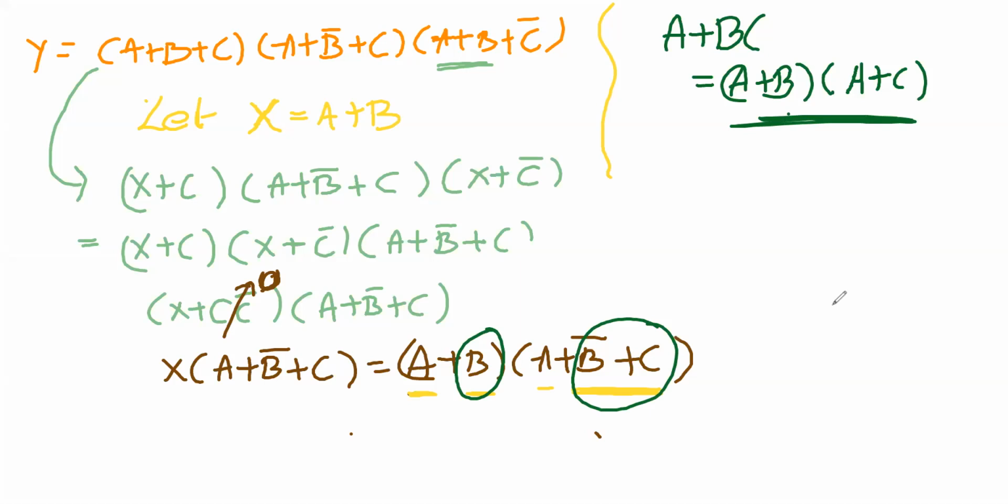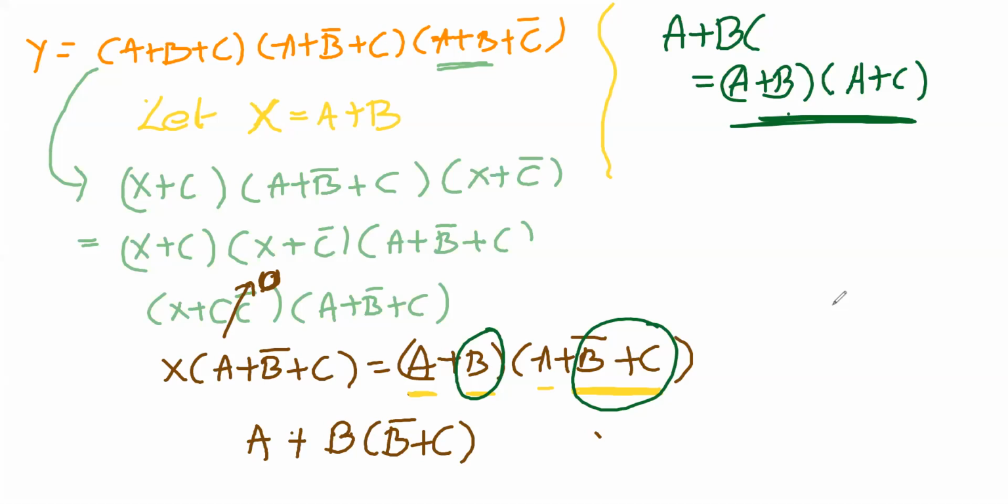Tell, roll number 5. A plus BC means what? Here B means B, C means C. A or with B, and with B complement or C, right?